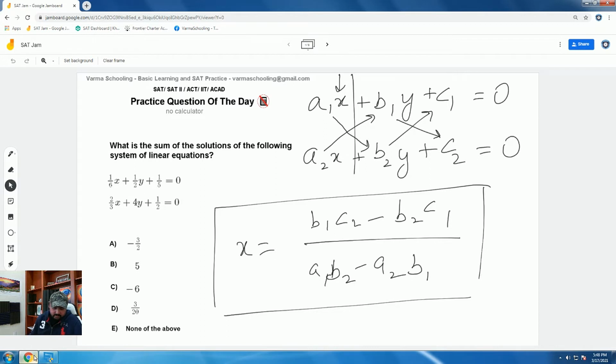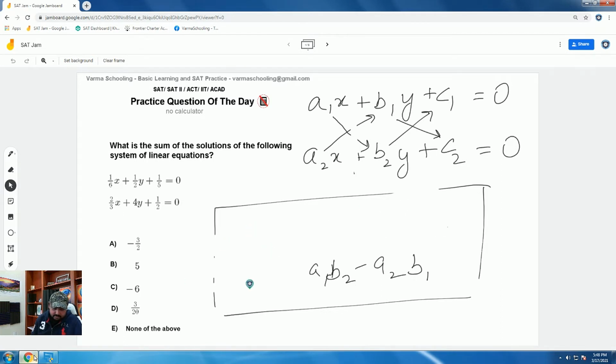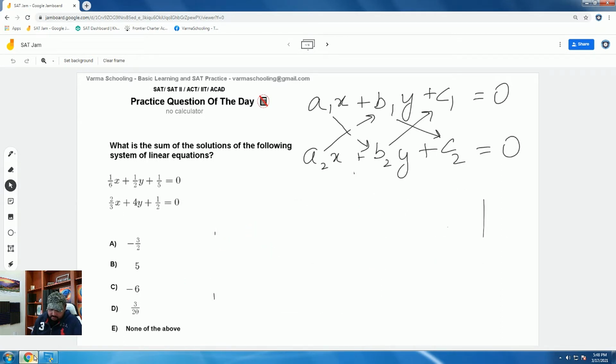For the y values, if you're calculating the y values, similar thing. The denominator is going to be exactly the same. Same thing that you calculated before. Keep it in your memory, or you can write down whatever the value it is, a1 b2 minus a2 b1. So then if you're calculating the y value, you remember a minus before it.